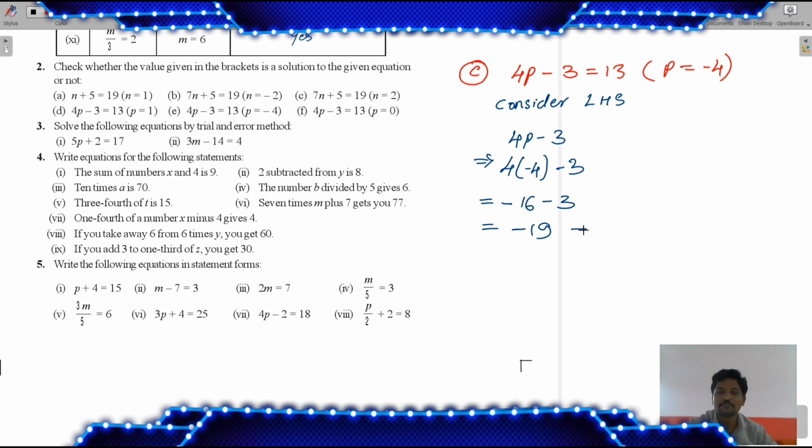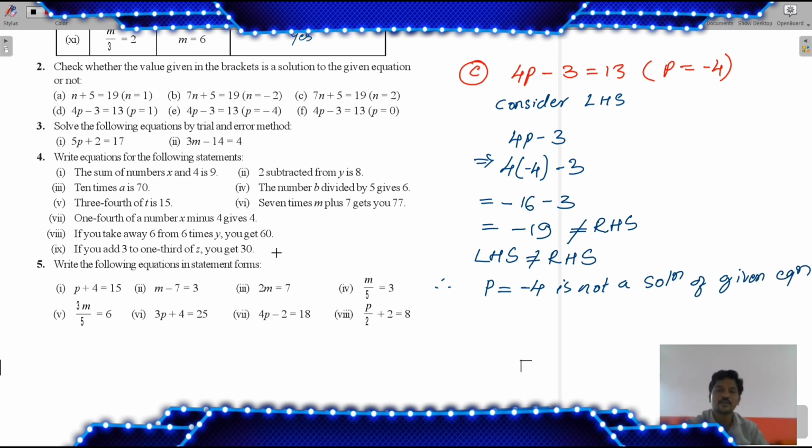No. That means it is not equal to our RHS. LHS is not equal to RHS. Therefore, p equals minus 4 is not a solution of the given equation.